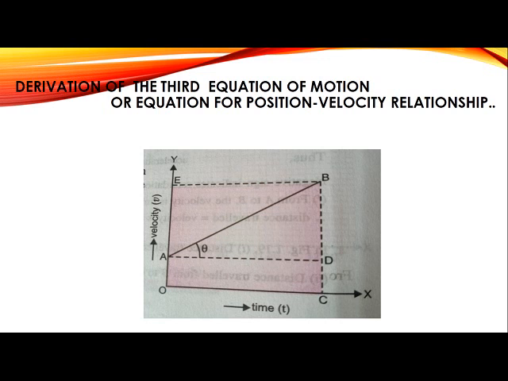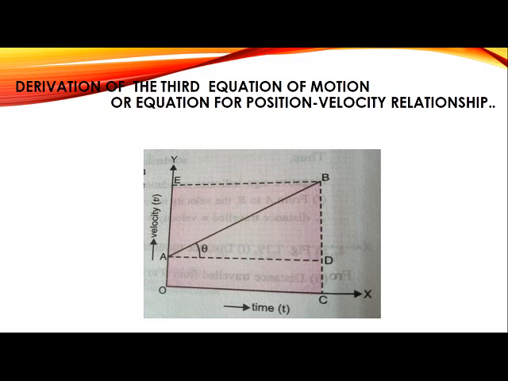If you observe the area under AB, you will find that we get a trapezium, OABC. Now, what is a trapezium, children? A trapezium is a geometrical figure in which any two sides are parallel. In a parallelogram, all four sides are parallel, but in a trapezium, only two sides are parallel.